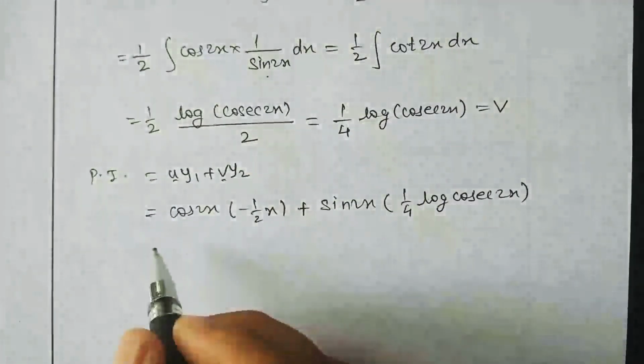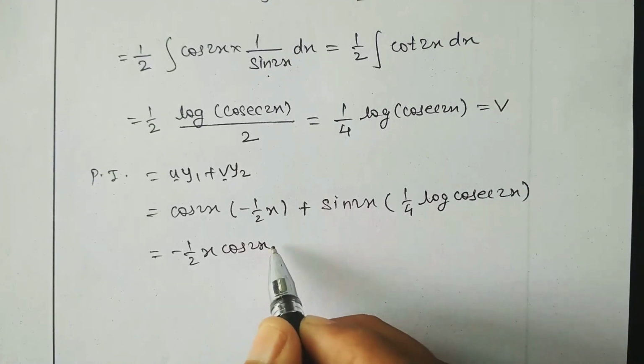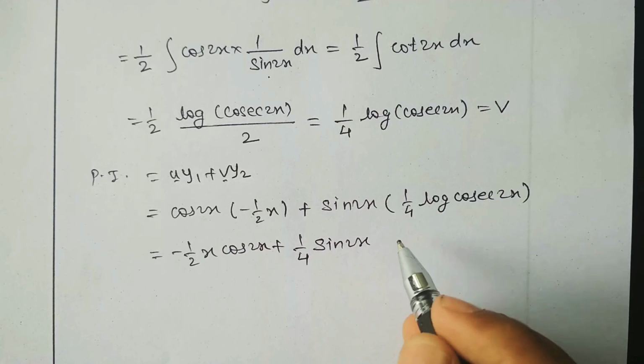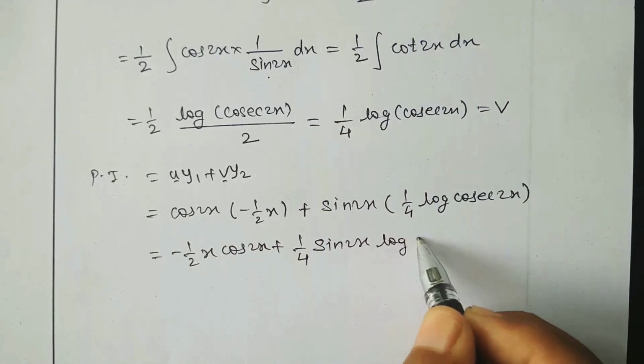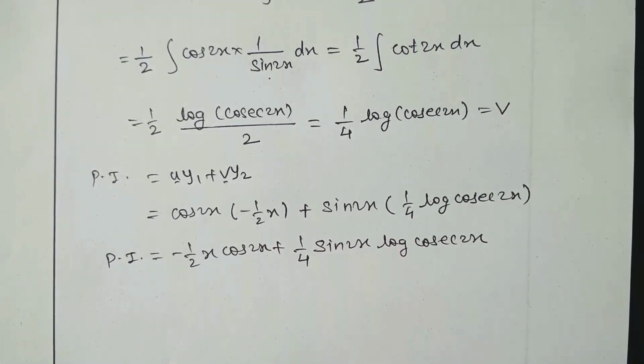Simplifying this, we get minus 1 by 2 x into cos 2x plus 1 by 4 sin 2x log of cosec 2x. That is our particular integral.